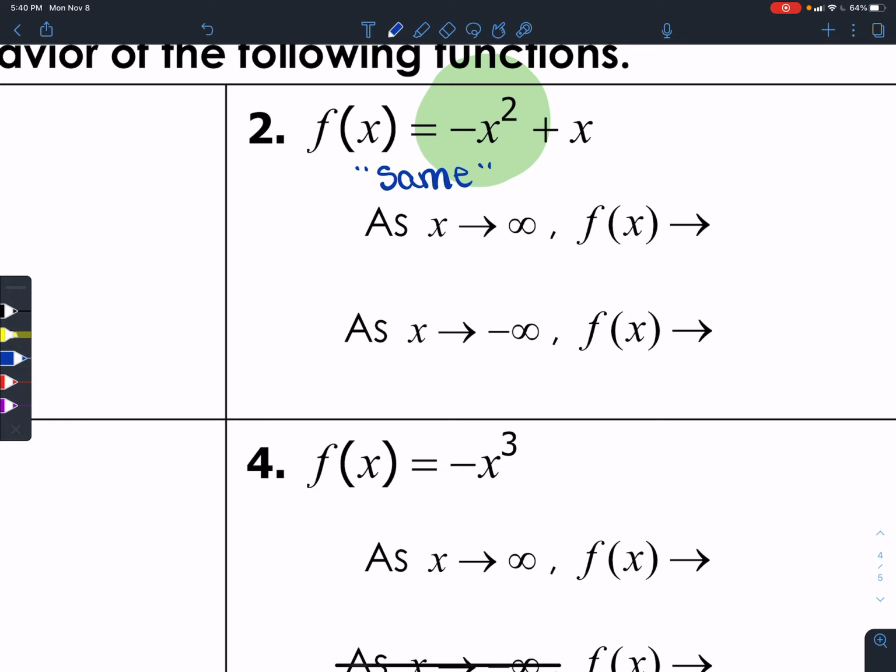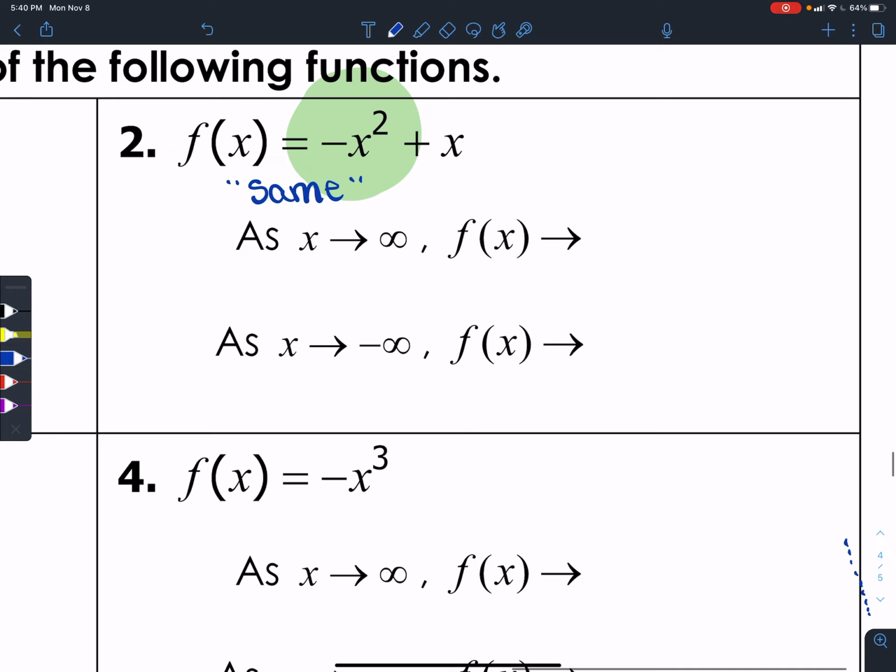So with a -1, that means that the right side of the graph is going to be pointing down. The left side of the graph is going to point the same direction, so it's also going to point down.